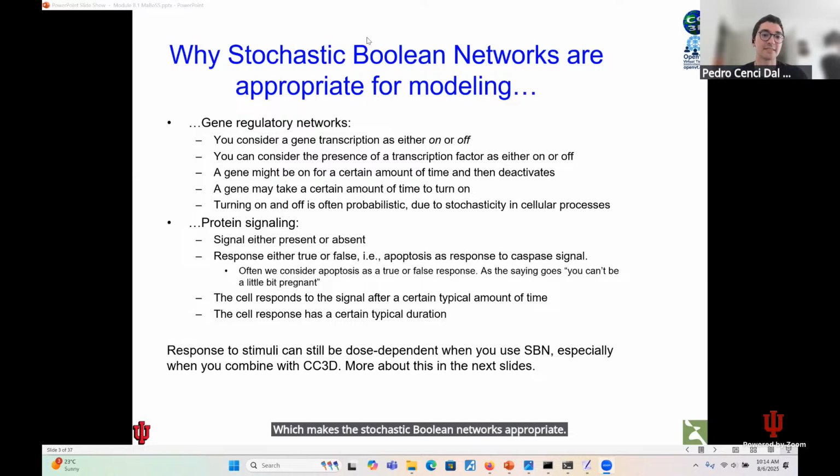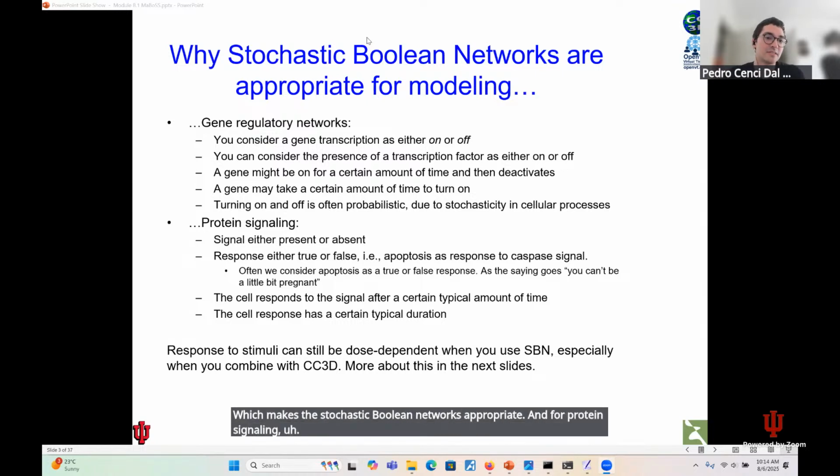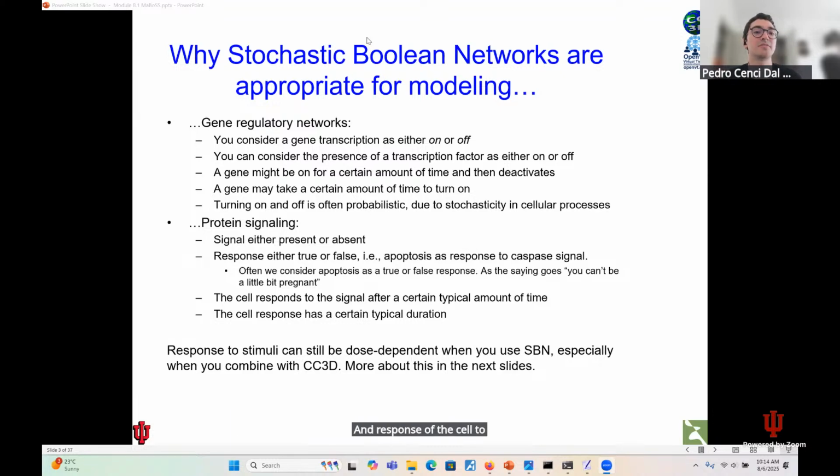And for protein signaling, analogously, you can consider the signal either present or absent, and response of the cell to that signal being also true or false, binary. And also you have typical amounts of time that the cell takes to respond to the signal, and the signal lasts for a typical duration.